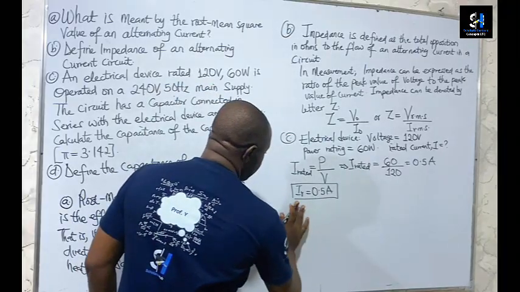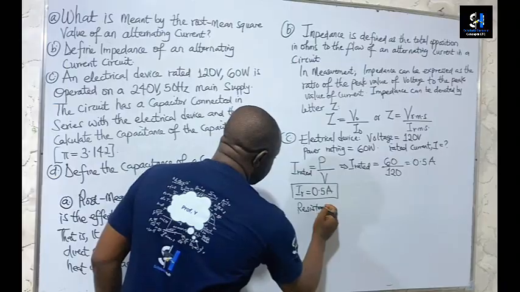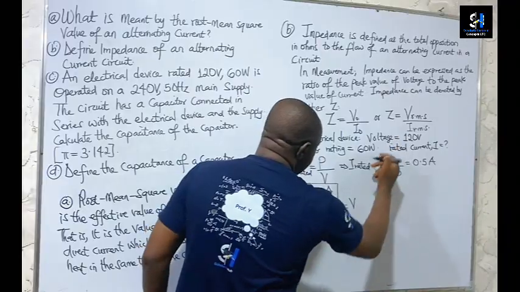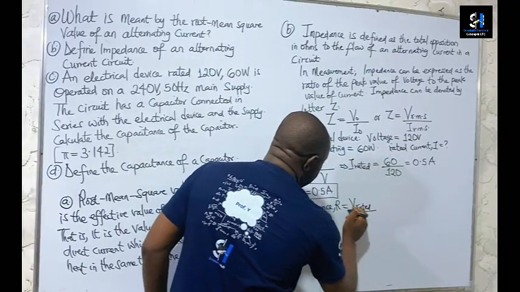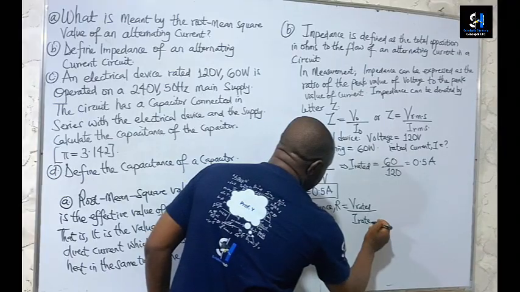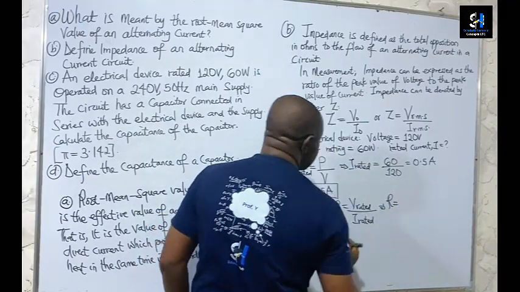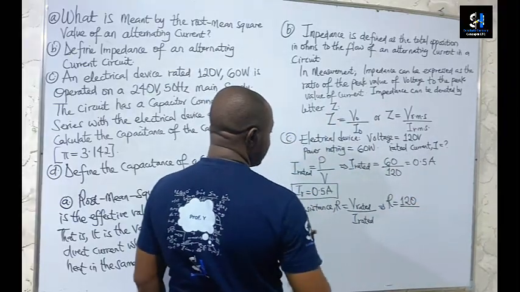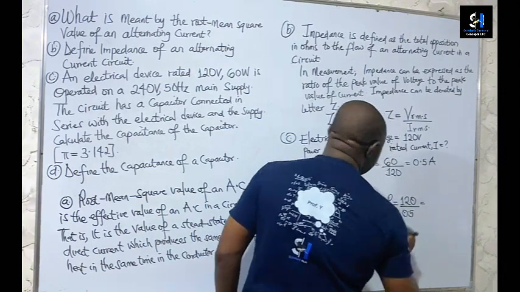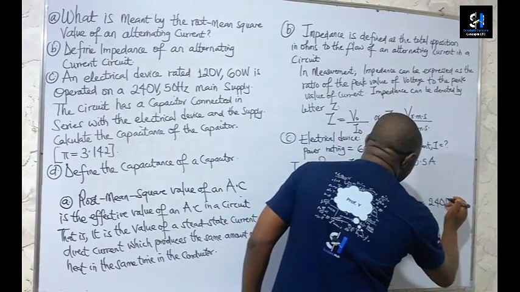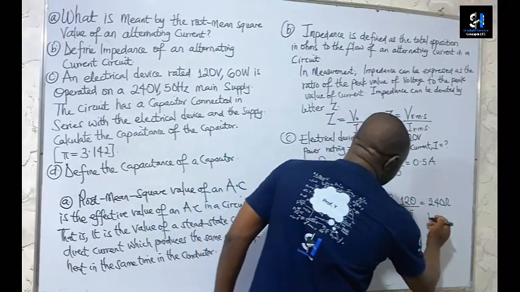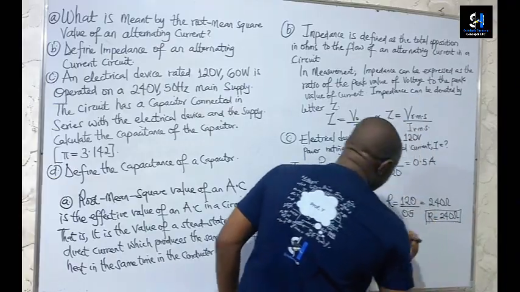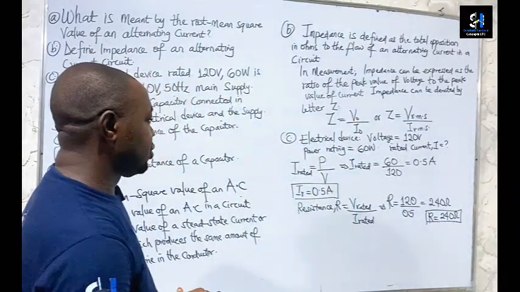So resistance R will be the rated voltage divided by the rated current. The rated voltage is 120 while the rated current is 0.5, so this will be 240 ohms. The resistance is 240 ohms.